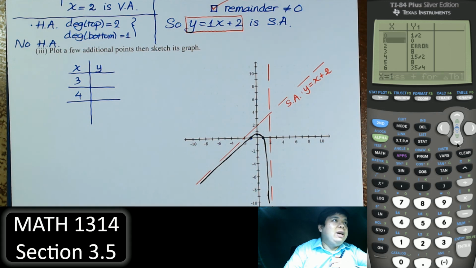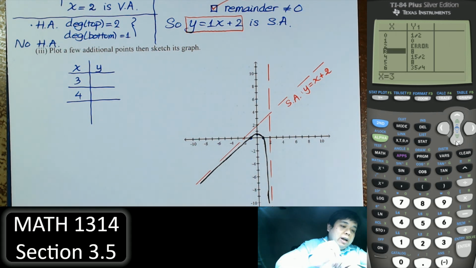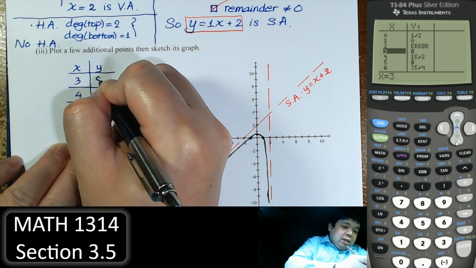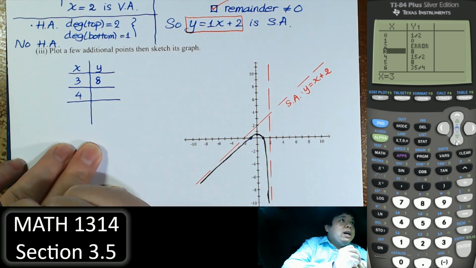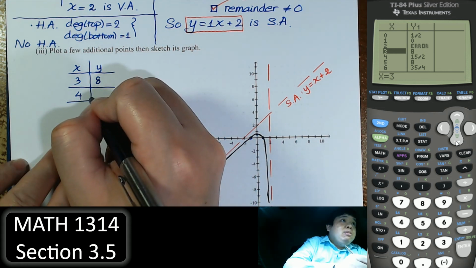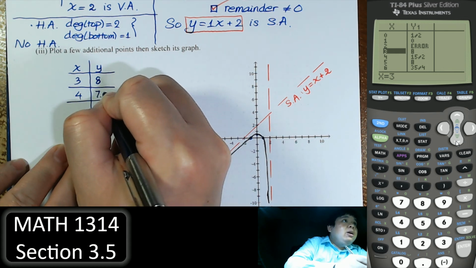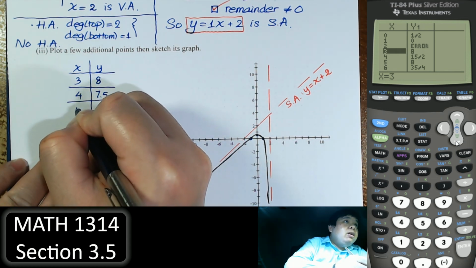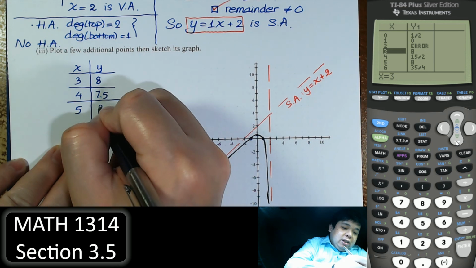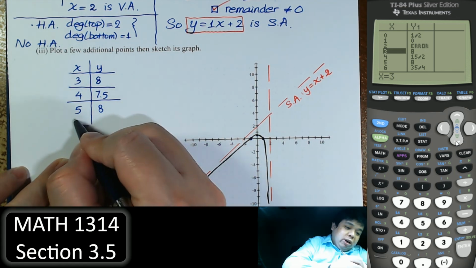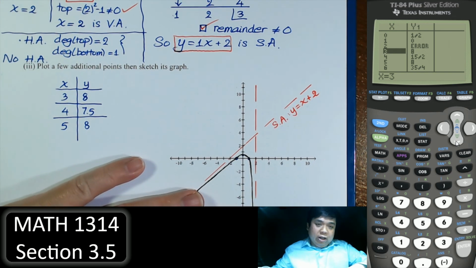Look at the calculator, the values. When x equal to 3, y equal to 8. And when x equal to 4, y equal to 15 over 2, which is 7.5. When x equal to 5, y equal to 8. And x equal to 6, that's 35 over 4, so a little more than 8. But I think those will be enough.